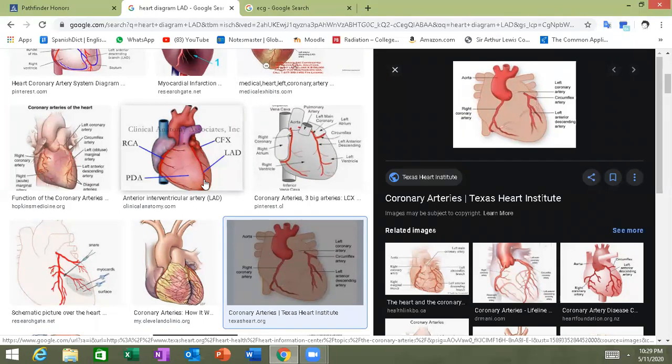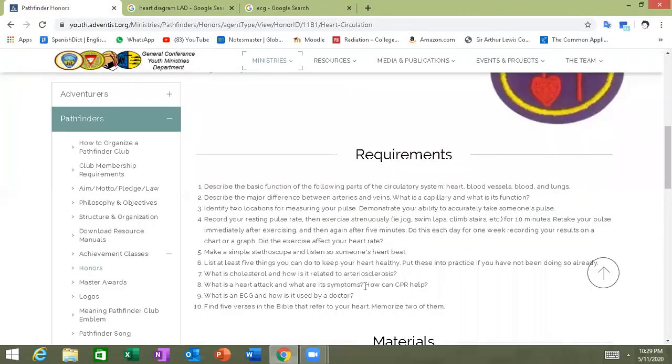This artery branches off so that all the heart cells can receive oxygen. So if there's a blockage, let's say here, early on in it, that would lead to a heart attack right there.